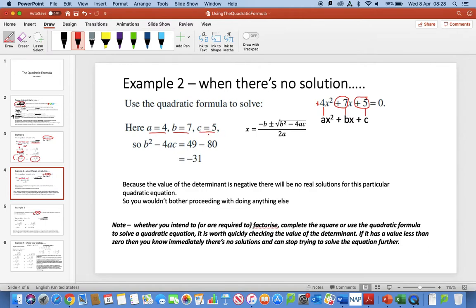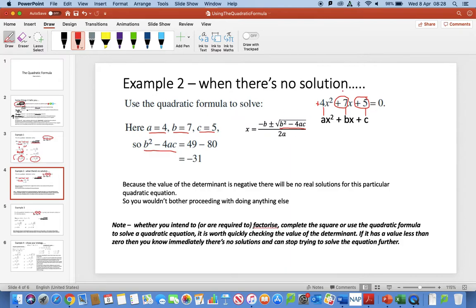So we can just substitute those into the formula here. Now, doing a quick check of the determinant like we talked about in the previous video, if I evaluate the determinant b squared minus 4ac, that's the bit that we're taking a square root of, clearly if that is less than 0, that is, it has a negative value, then we know straight away that we can't find a solution to this particular equation.